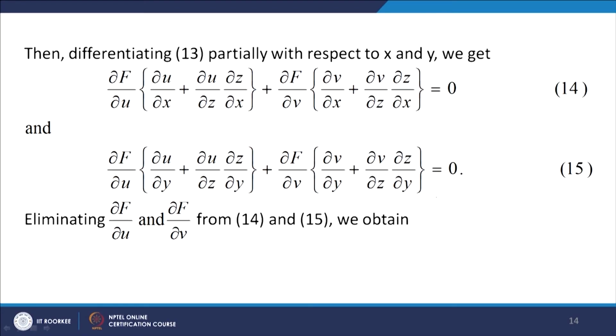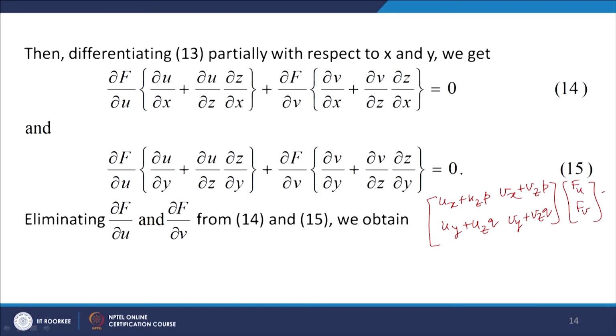We can write this as a matrix equation like this. So, ux plus uz into p, and then we have uy plus uz into q, and then bx plus bz into p, and by plus bz into q, multiplied by the partial derivatives fu, fb equal to 0.